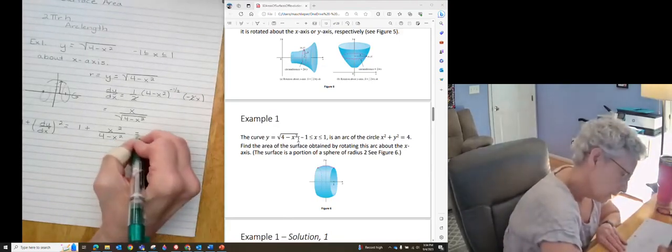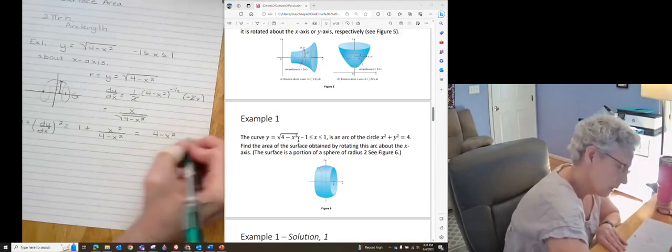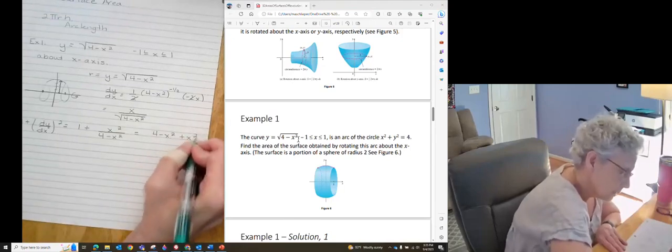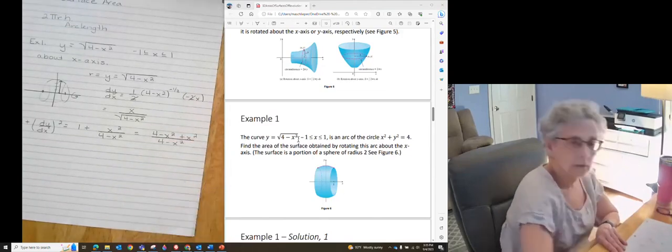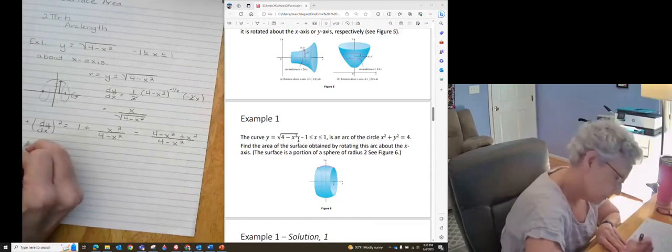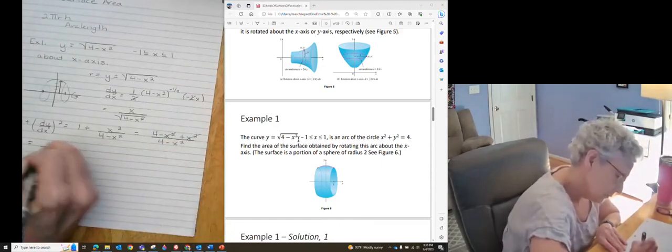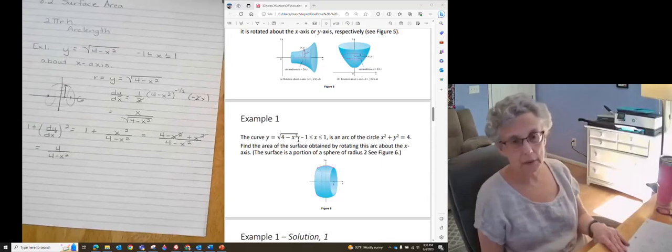So common denominator would give me 4 minus x squared over 4 minus x squared plus x squared over 4 minus x squared, which leaves me with 4 over 4 minus x squared.